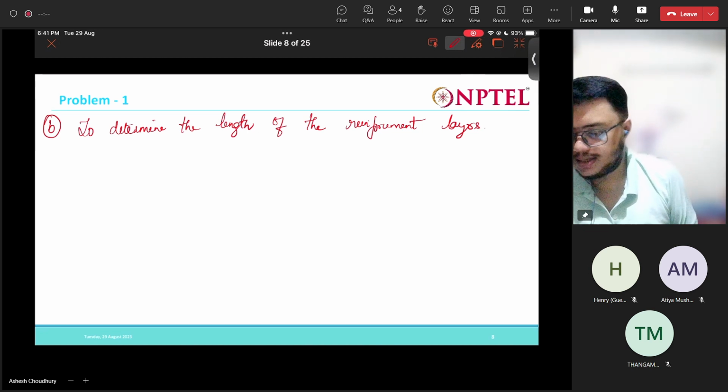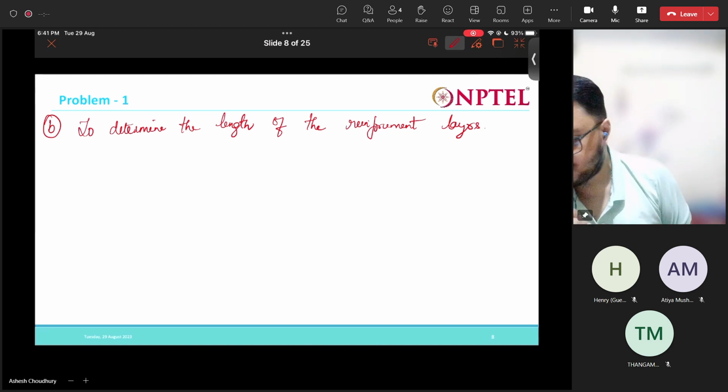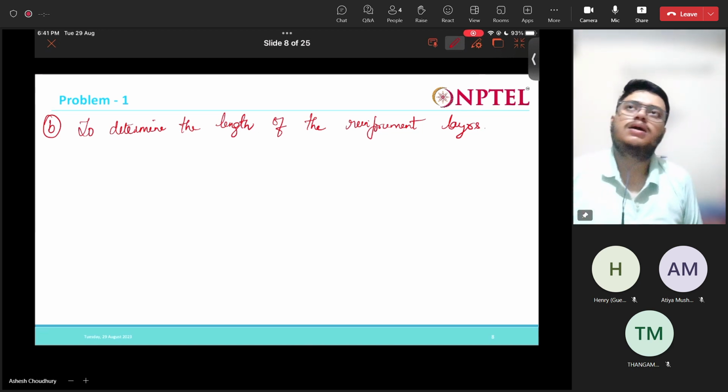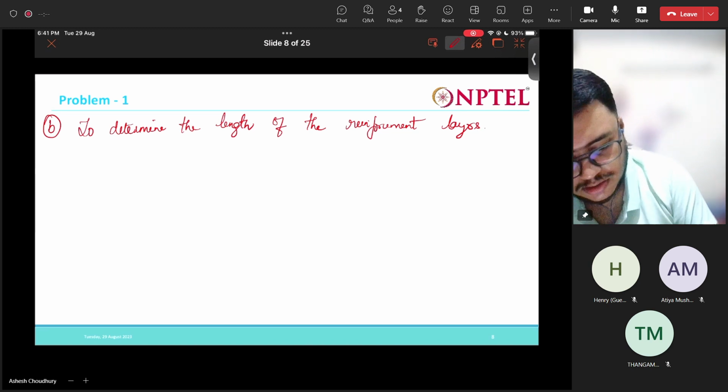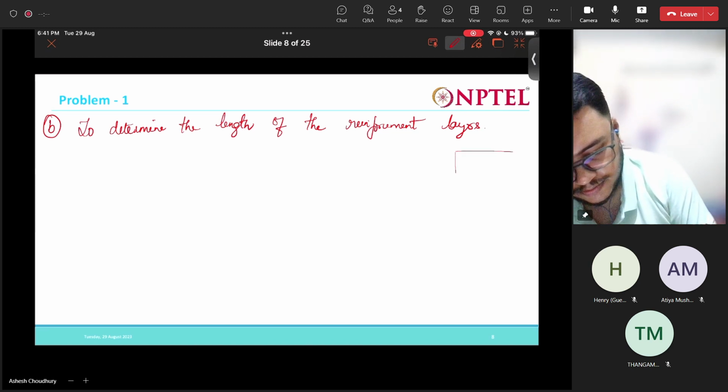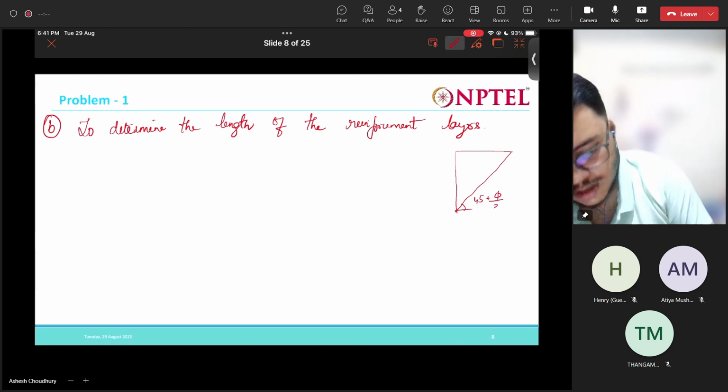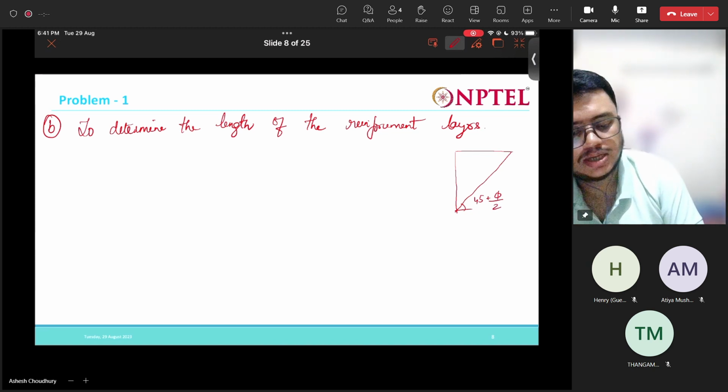Now for that, if you remember, say we just draw this. So this is the Rankine's active wedge, right? So what we need to do is provide the reinforcement.